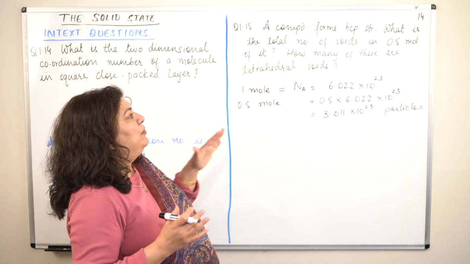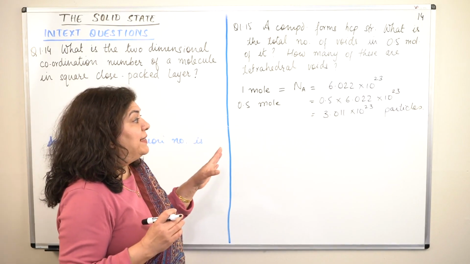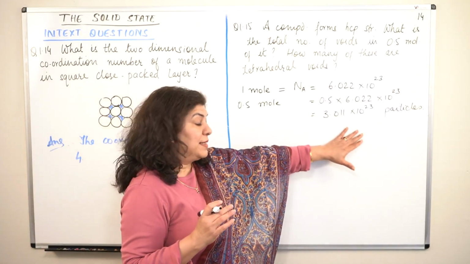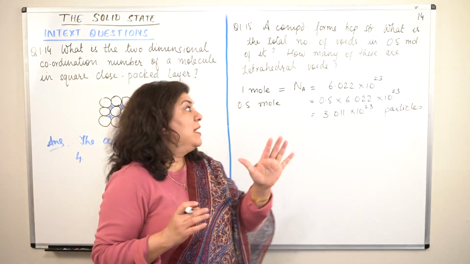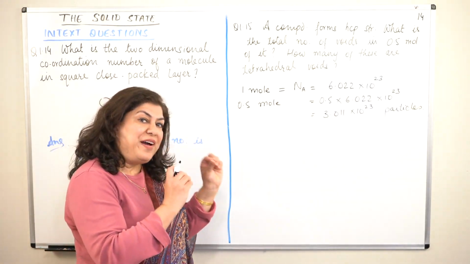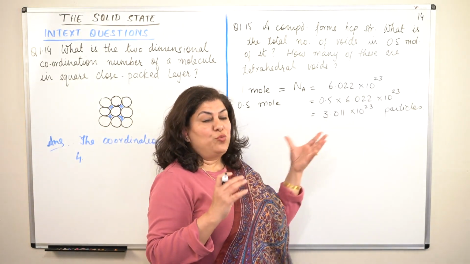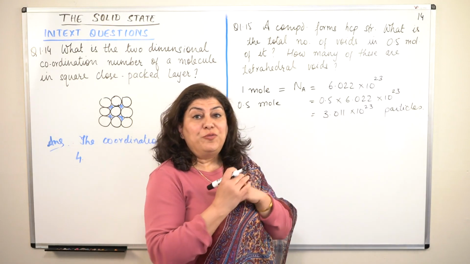So it says a compound forms an HCP structure. What is the total number of voids? Now he's not talking of the number of particles, he's talking of the number of voids. What is the total number of voids that are there in 0.5 mole? So in 0.5 mole, we know that these are the number of particles. Why did we want to find out the number of particles?